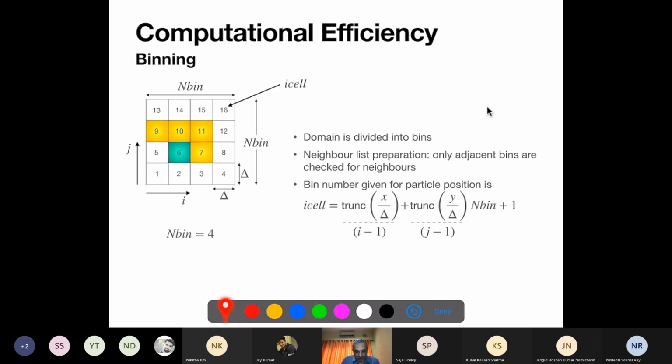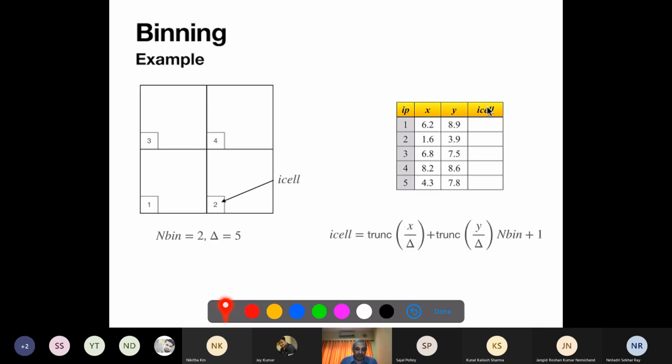So if x is in this bin and y is also in this bin, then this is 0, this is 0, so you'll have 1. In fact, we'll try it out for a specific example of how to do the binning.